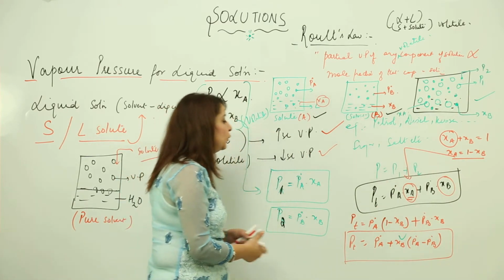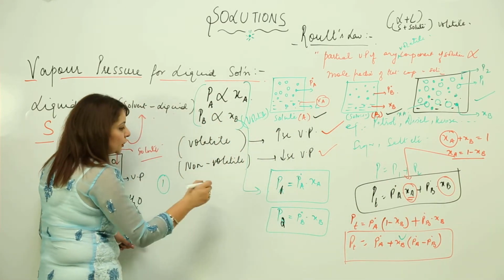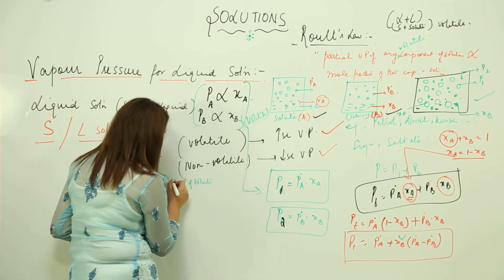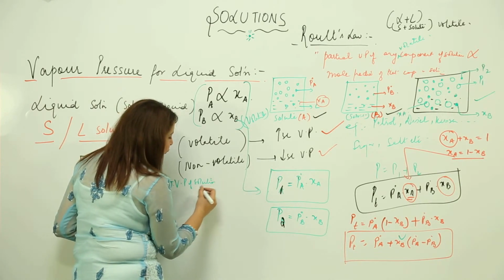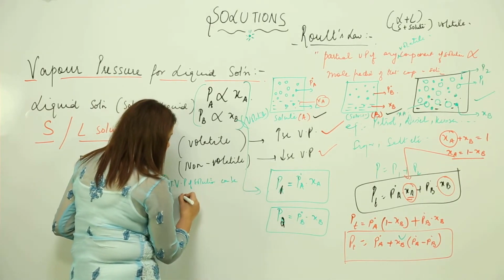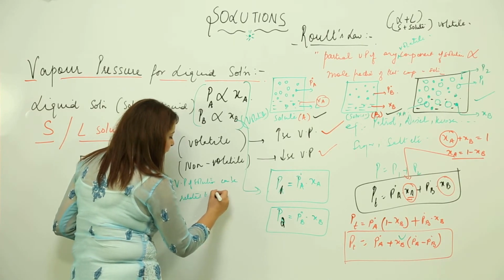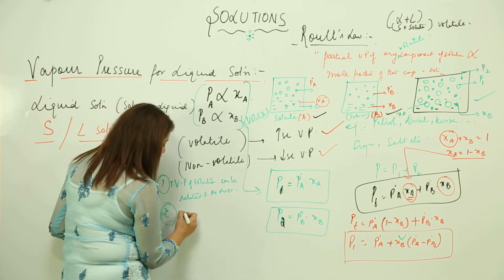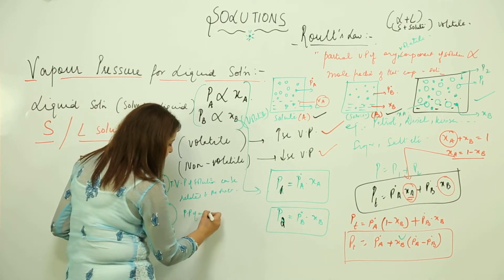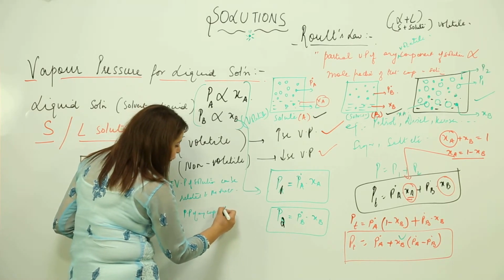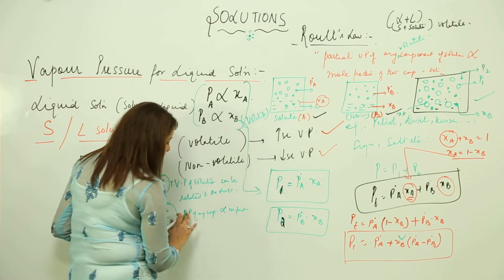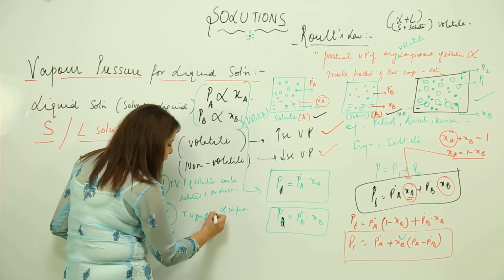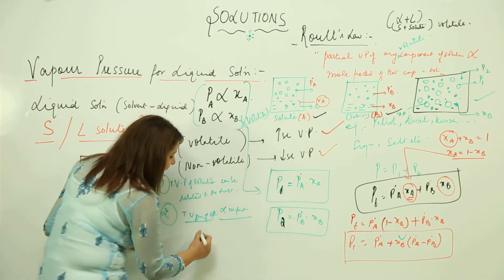So what conclusion do you get from this? First, the total vapor pressure of the solution can be related to the mole fraction, right. And the second thing is that the partial pressure of any component is directly proportional to the mole fraction, or you can say that the total vapor pressure of the solution varies linearly with mole fraction.